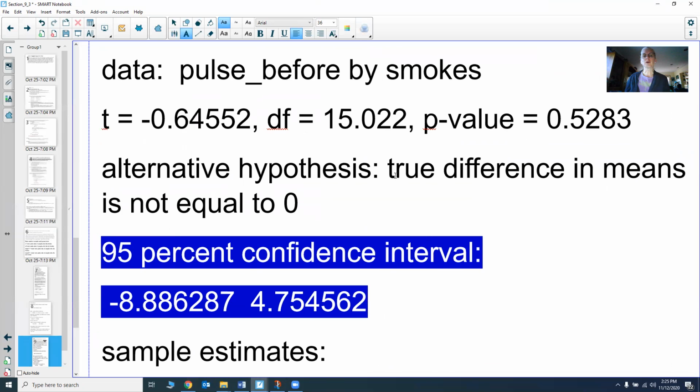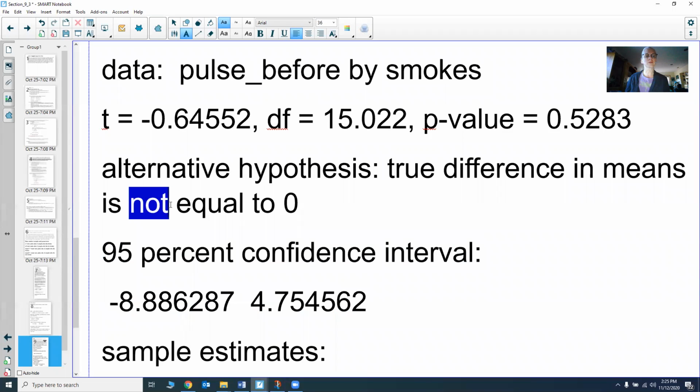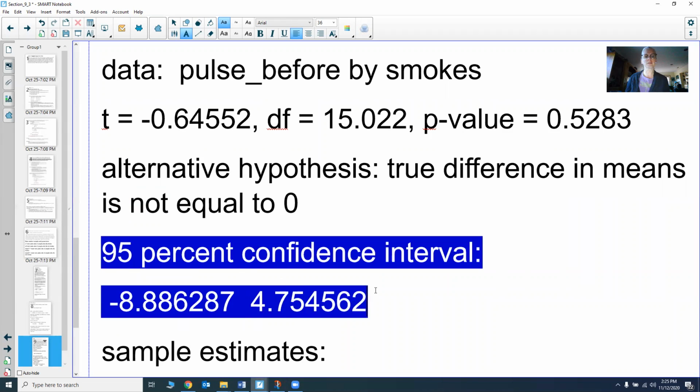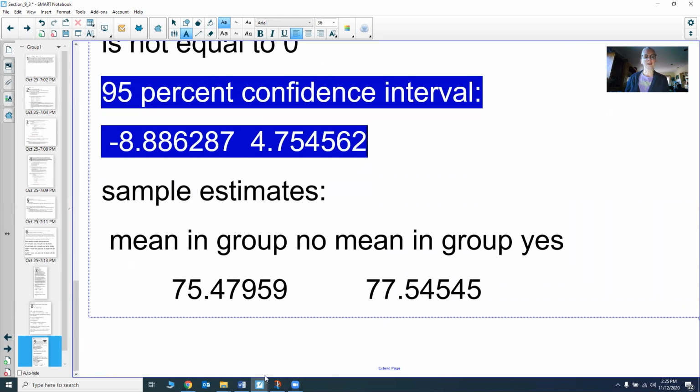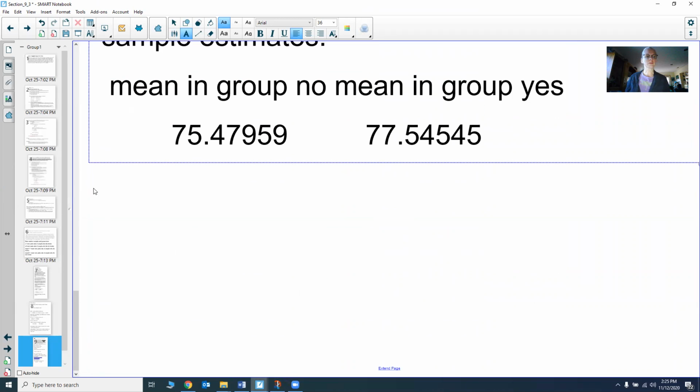The main thing to realize is you can only do this if your true difference in means is not equal to 0. So as long as this was a not equal to, then this is the confidence interval we want. So we can now go to our statistical and real world interpretation.